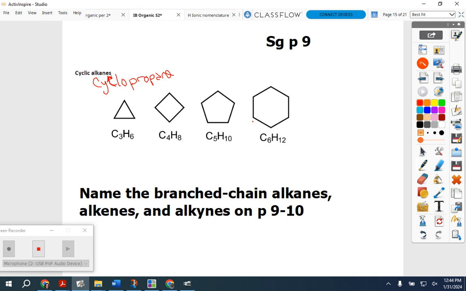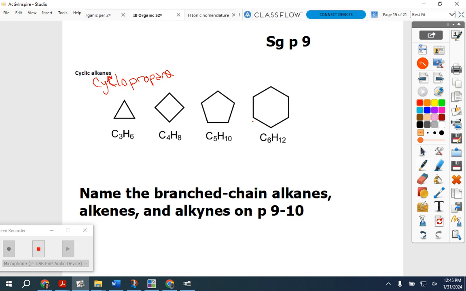Okay. Now, page 9 and 10, bottom of page 9 and into page 10 starts some branched alkanes and then some alkenes. And then page 11 has some alkynes. The alkynes are named just the same way as the alkenes. If the molecule is long enough, you have to indicate which carbon the triple bond starts on. But otherwise, it's the same as naming the alkenes.